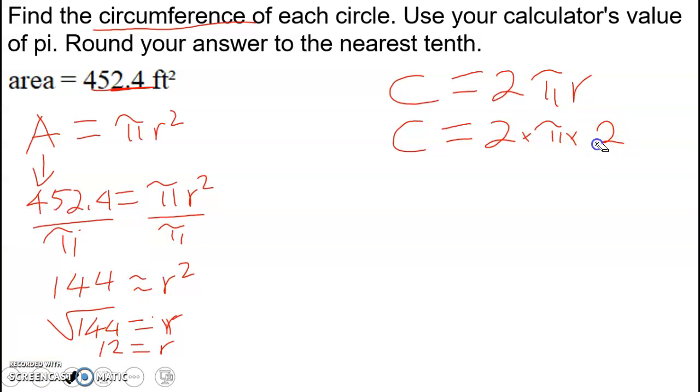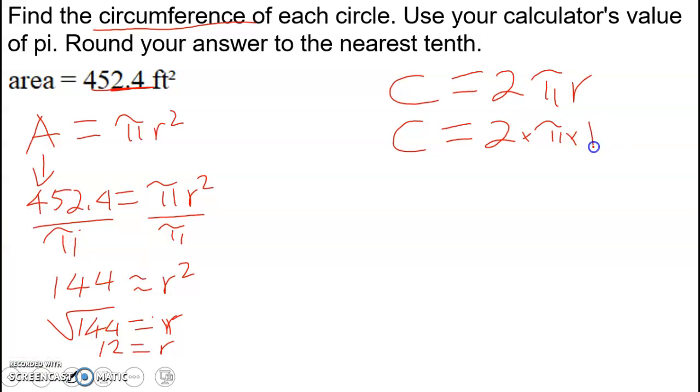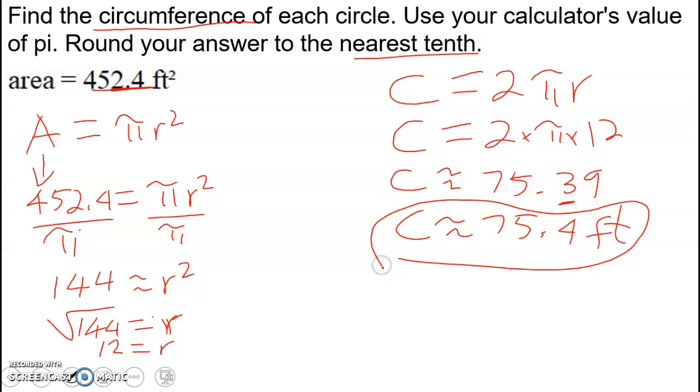They want us to round to the nearest tenth, so we are going to change everything to decimal. We plug that into our calculator: 2 times 12 times pi, we get about 75.39, but we are rounding to the nearest tenth, so it's going to be one decimal place. So it's going to be 75.4 feet. Feet is linear, so we keep it like that. All right.